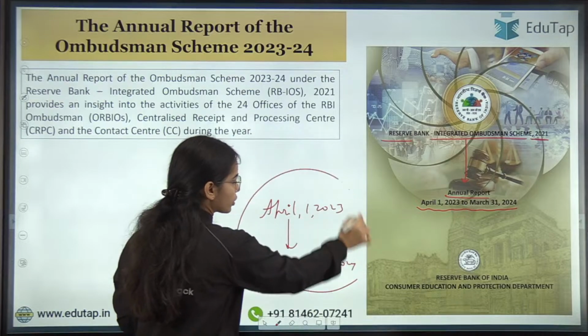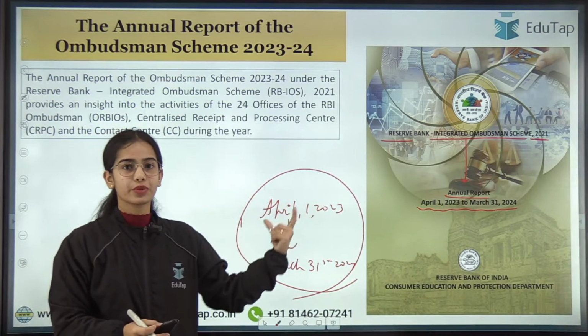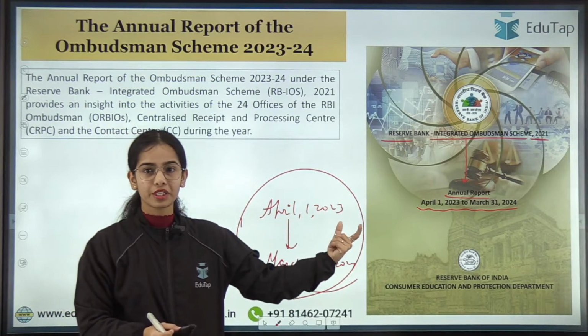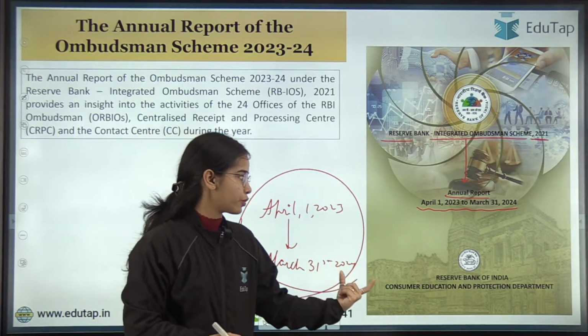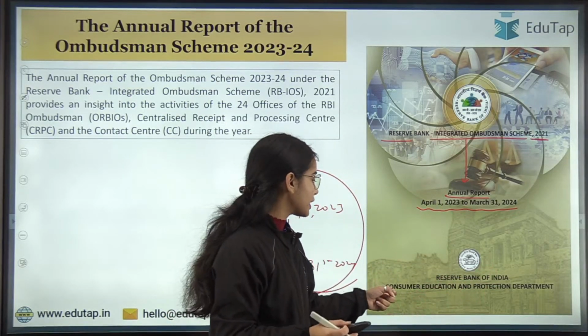So the annual report is for this timeline, from April 1, 2023 to March 31st, 2024.